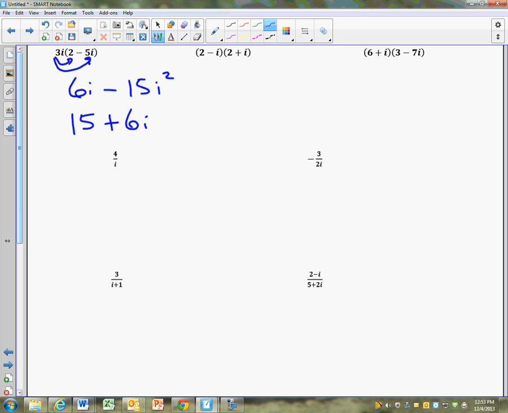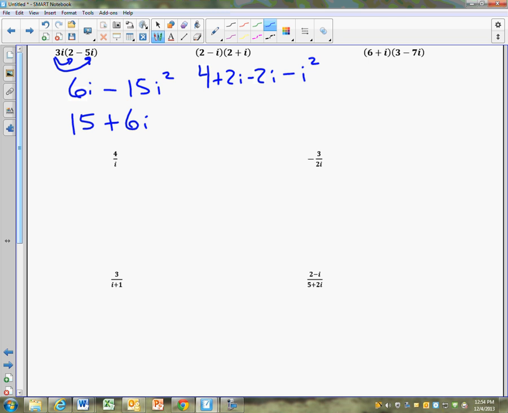2 minus I times 2 plus I. 2 times 2 is 4. 2 times I is plus 2i, and negative I times 2 is negative 2i. So Scott saw that those are going to cancel, right? They're just going to go away. And what do you have at the end?